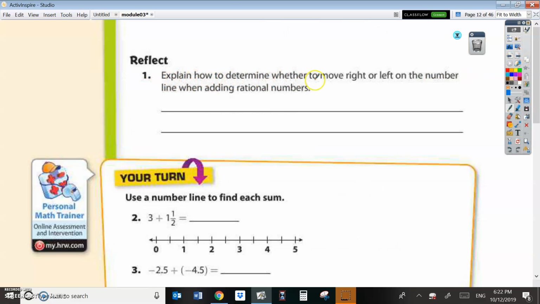So explain how to determine whether to move right or left on the number line when adding rational numbers.